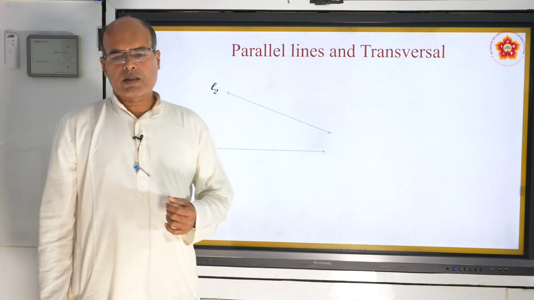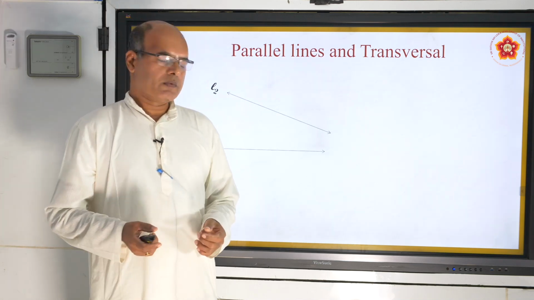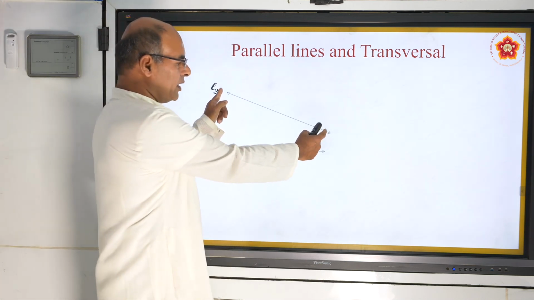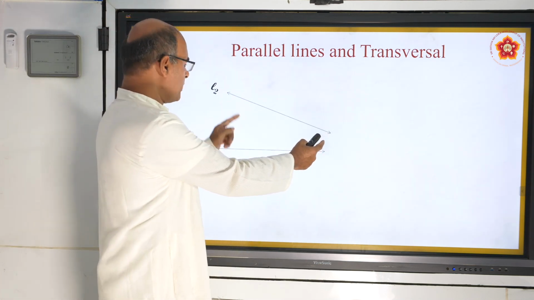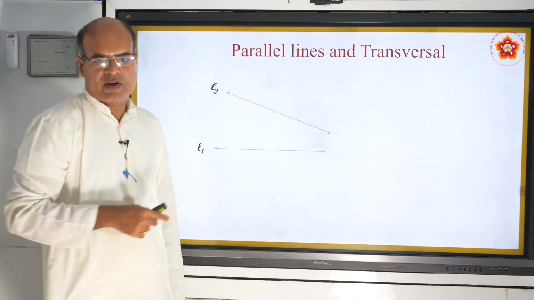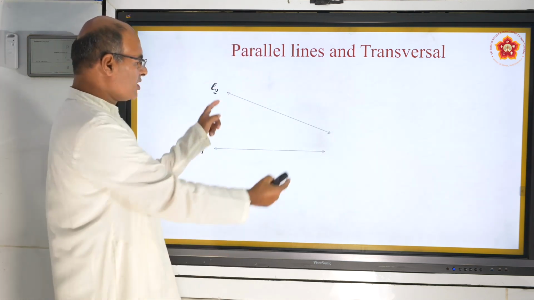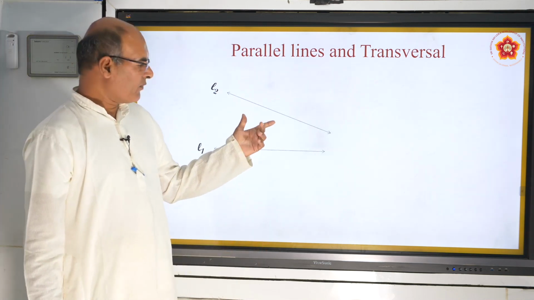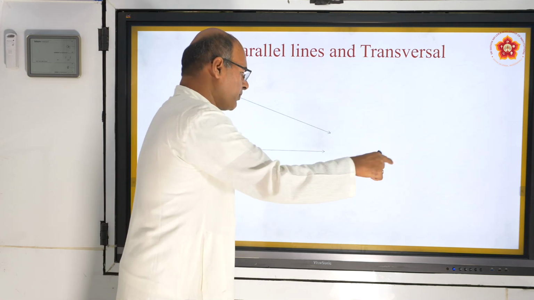But remember the definition or the concept of a line. A straight line has no end point. So it is not ended here. Only to represent a line of infinite length along this direction, we use this diagram. It is only representing a line, so therefore this line is continued forever.